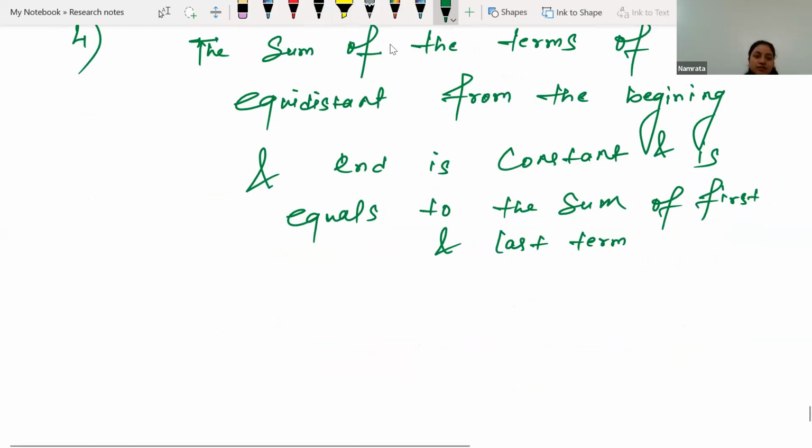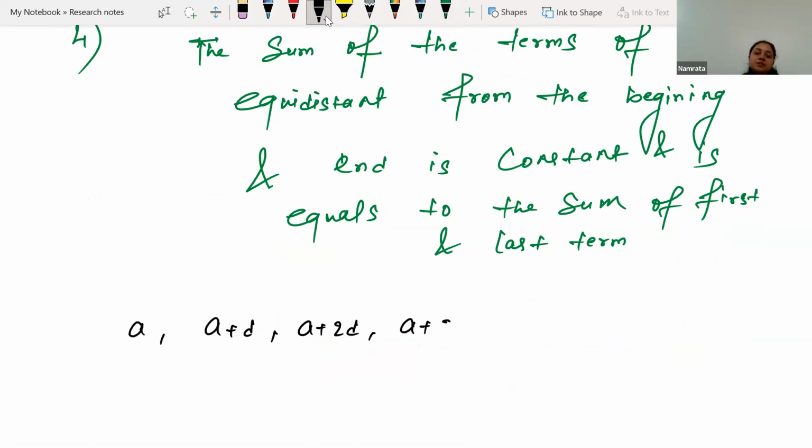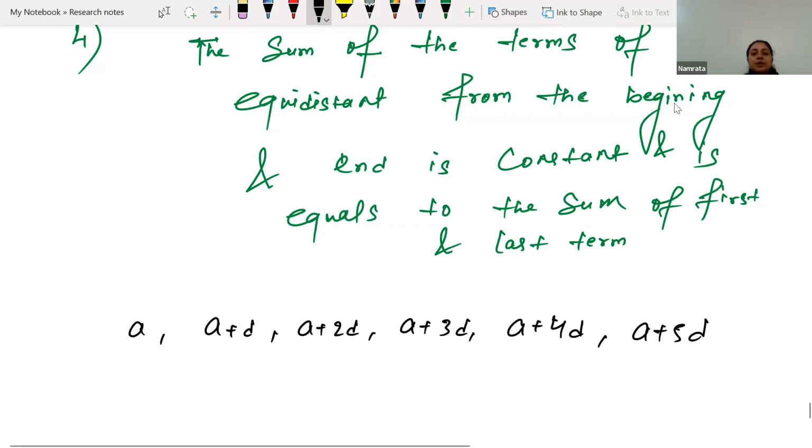So let's say we are having an AP where the first term is A, second is A plus D, third is A plus 2D, fourth is A plus 3D, fifth is A plus 4D and sixth is A plus 5D. Now what exactly does this property say? The sum of terms of an AP equidistant from the beginning and the end.